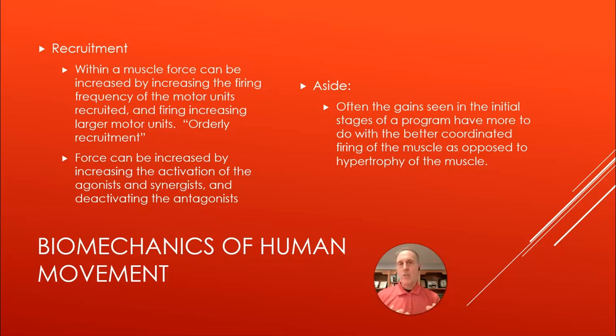They actually end up being more coordinated. I don't mean coordinated like dancing at the wedding, but their bodies become more coordinated in how they recruit the right muscles and the right muscle fiber, and they call to action the right motor units to make movement happen. So it becomes more of a central nervous system and peripheral nervous system play in a motor unit conversation, as opposed to straight hypertrophy that you see in the muscle.